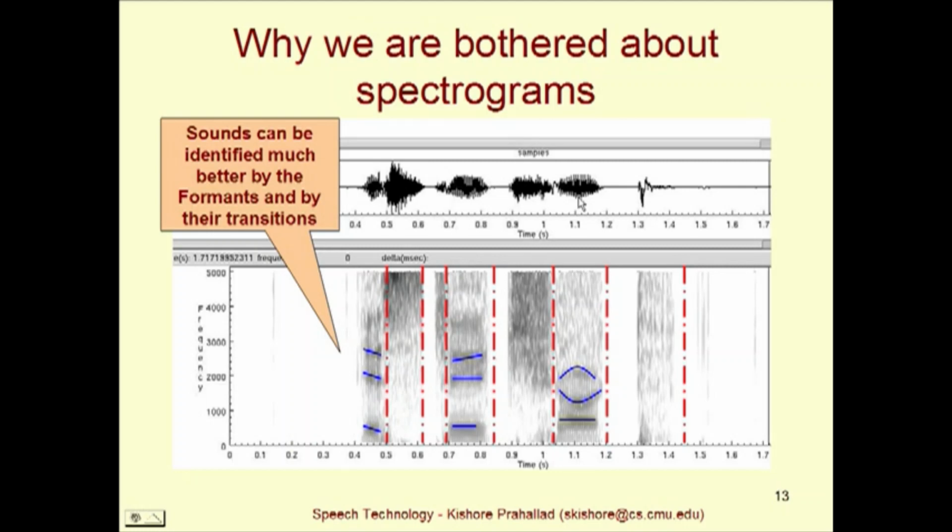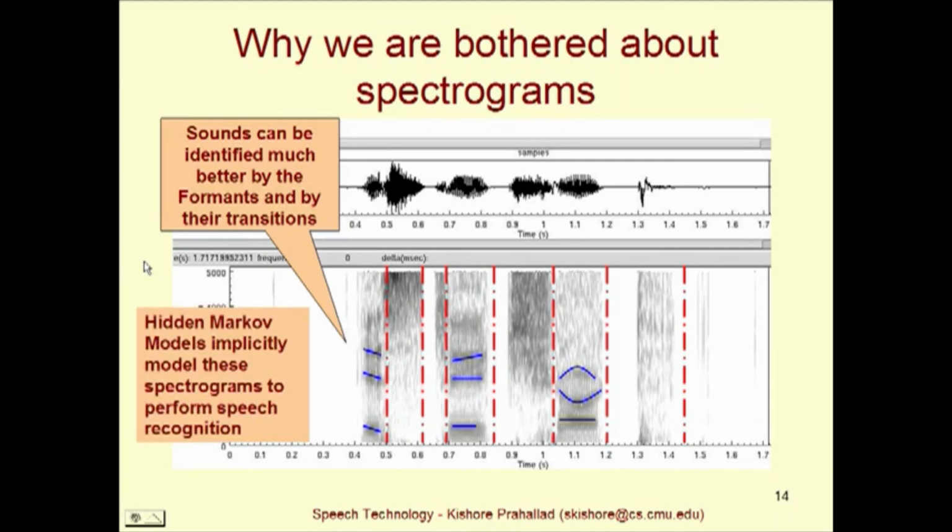We did say that formants carry the identity of the sound, and in the spectrogram, formants and their transitions carry a much better identity. So the spectrogram is more useful to identify sounds by the formants and their transitions.